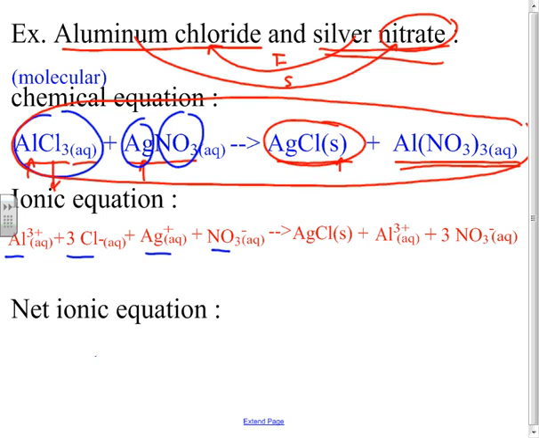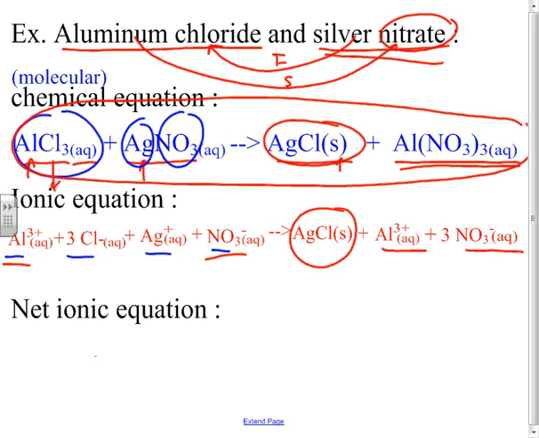If we note on the complete ionic equation, the nitrate ions are uncombined on this side, uncombined on this side. The aluminum ions are uncombined on this side, uncombined on this side. In other words, they are the spectator ions. The only ones that really change are the ones that form the precipitate.